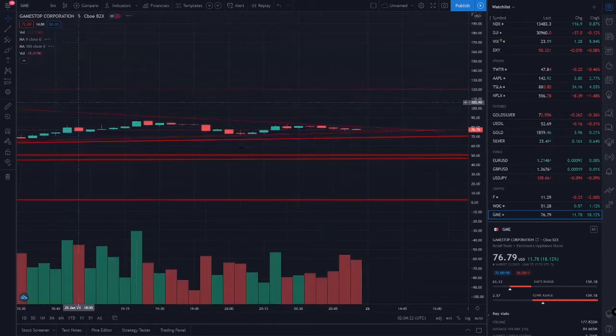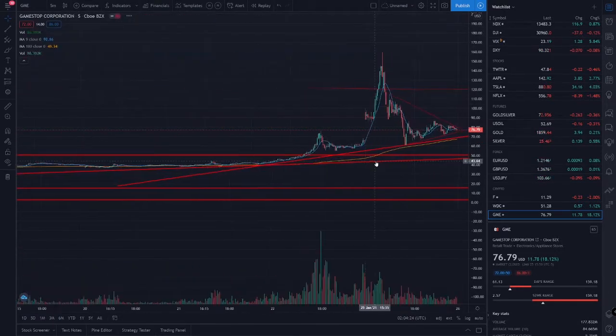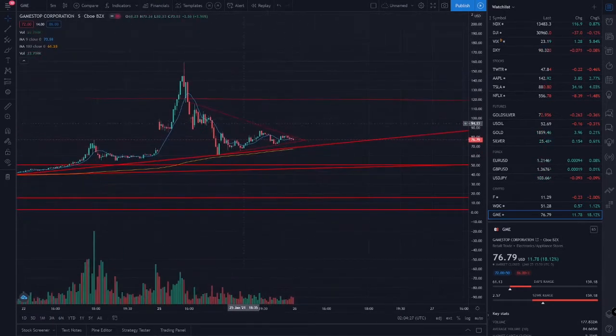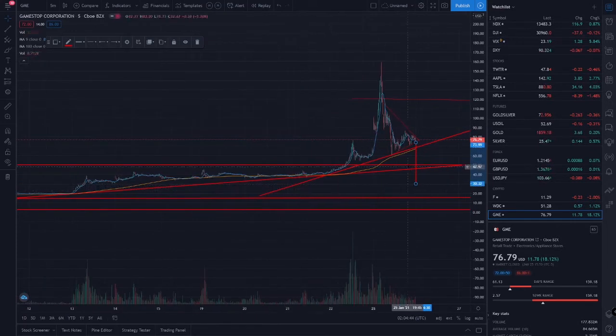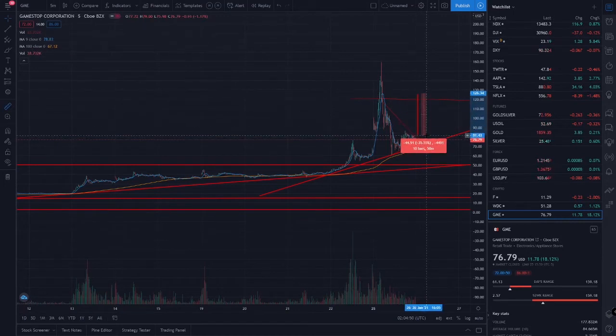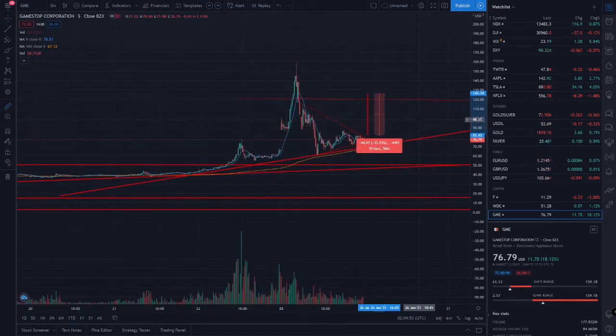Alright, let's take a look at the 5 minute. And maybe something like this from the breakout. If it breaks out to this side, I'm not sure, but it's a 35% breakout.